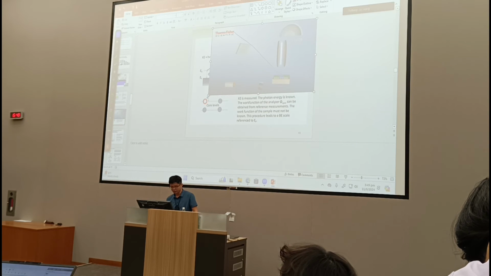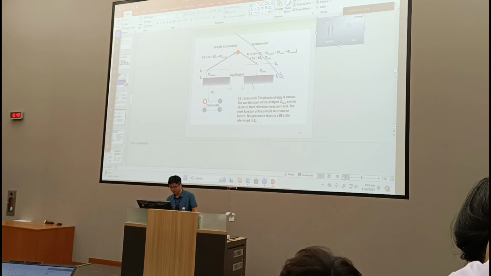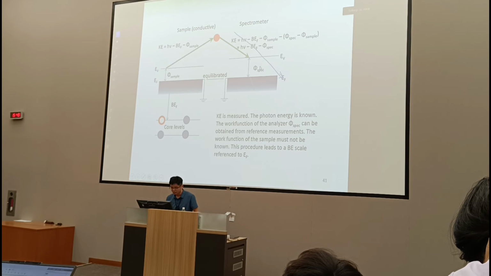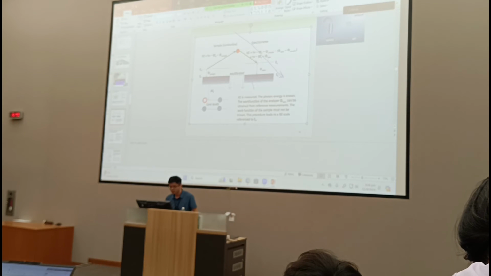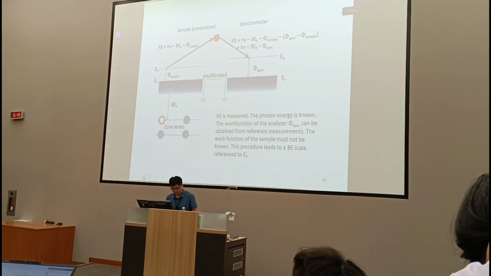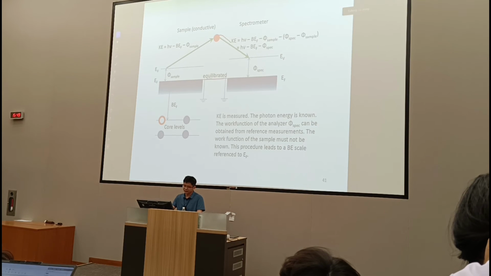Then the work function of the analyzer here matters, from the energy diagram. So electrons escape from the sample, and eventually these electrons will enter your spectrometer. But during the measurement, your sample and the spectrometer are connected, so their Fermi energies are aligned.